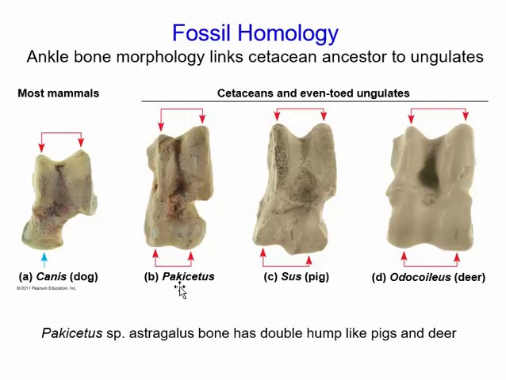And if we look at these ankle bones, they have similar ankle bones to even-toed ungulates. And so the hippopotami would be in the same group, where we have these two humps on this bone. So here, like a pig or deer, or again, hippopotamus, versus other mammals that only have this one process, like the dog here.